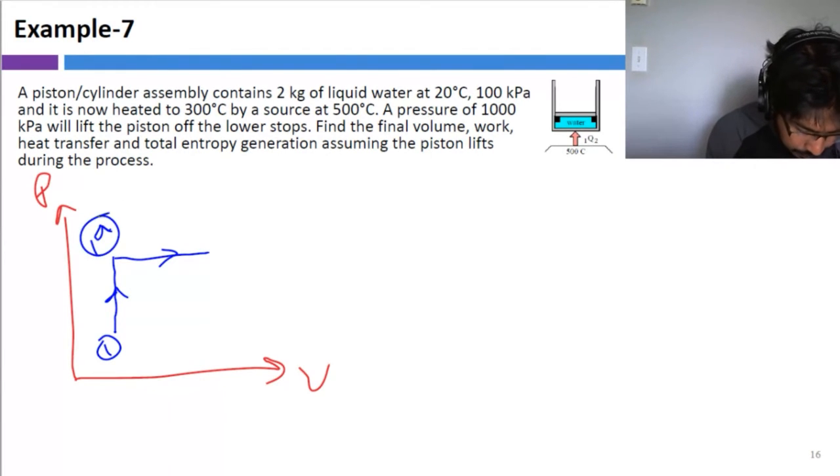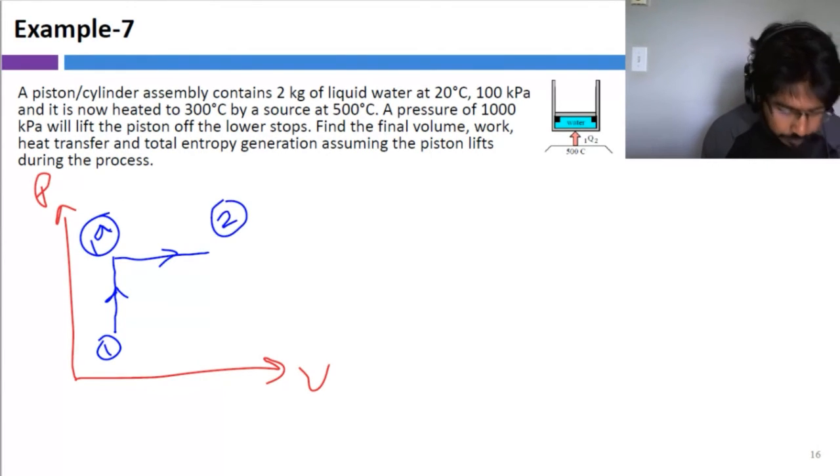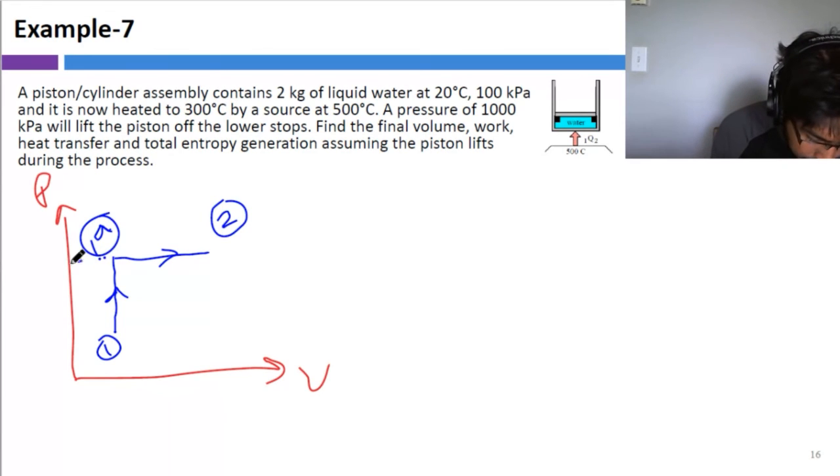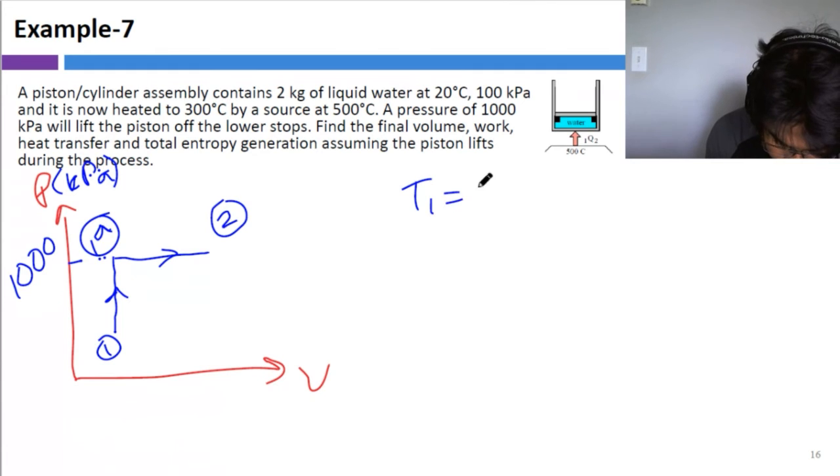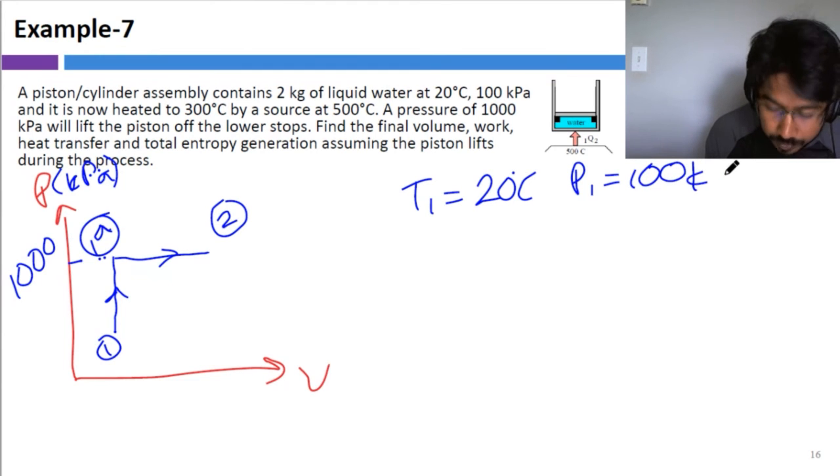So 1A, and this is 2, right? And the pressure at this point is going to be 1000 kilopascals. And at state 1, T1 equals 20 Celsius, P1 equals 100 kilopascal.